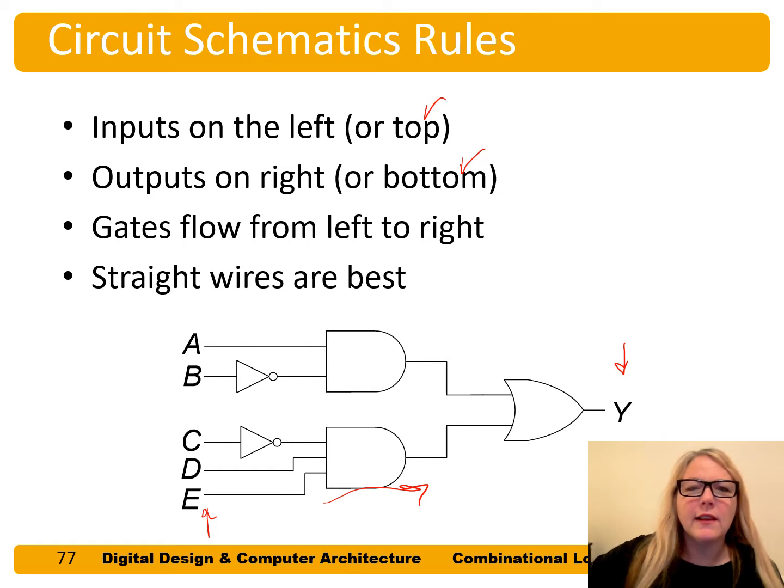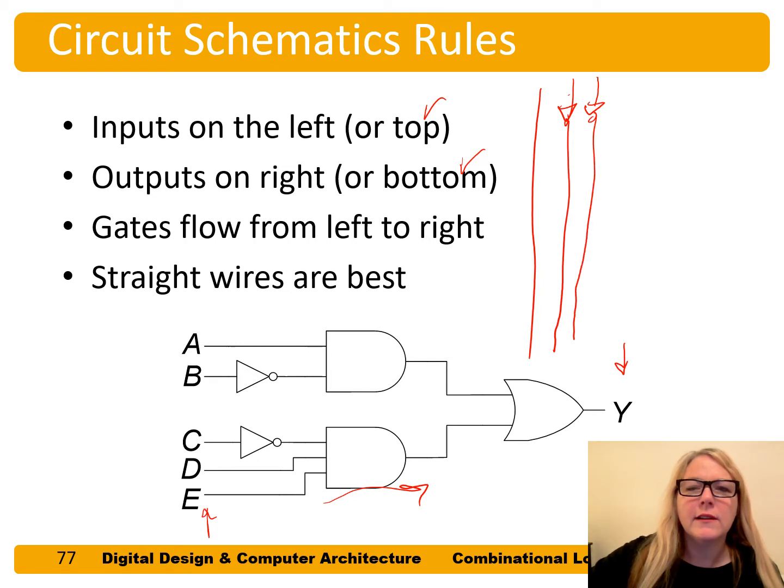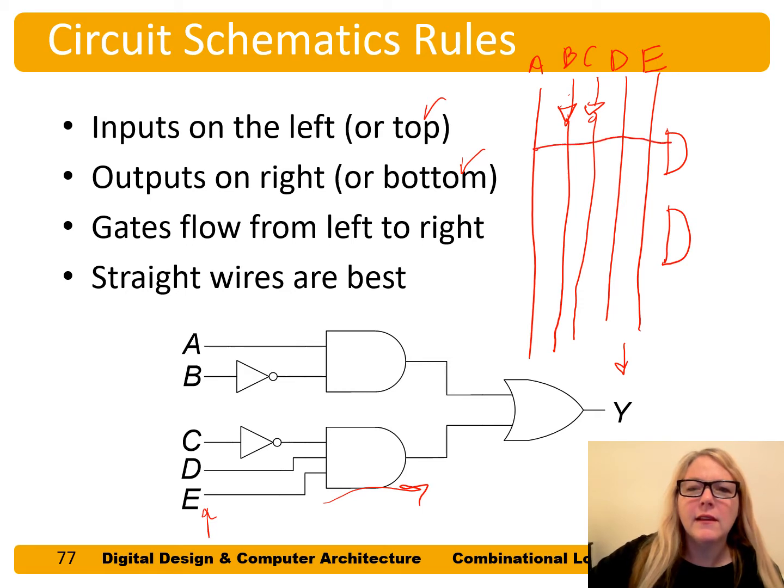So here's an example of the inputs coming from the top. So here we have A, B bar, C bar, D, and E. And now we can put our AND gates here, our product terms, our implicants, A and B bar, and C bar and D and E. And now we can put our OR gate.